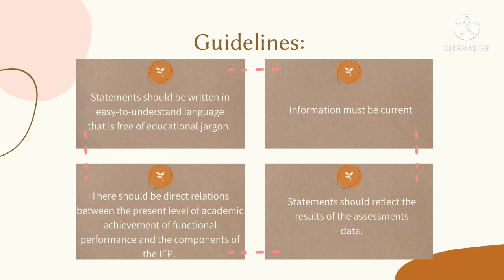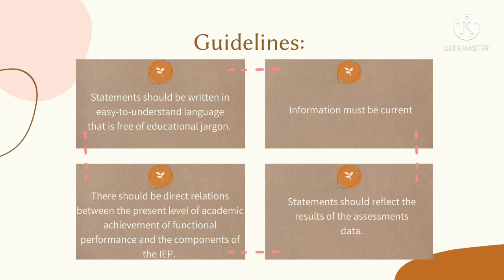Next, information must be current. Next, statements should reflect the results of the assessment data. Statements that relate scores to the student's level of functioning should accompany test scores. So raw test scores are not sufficient.